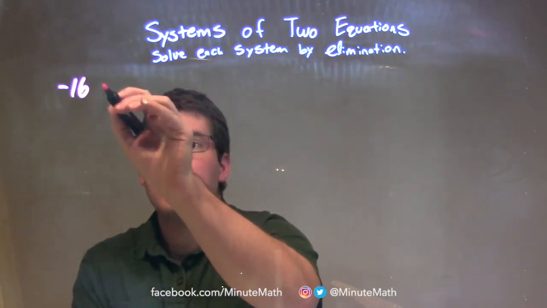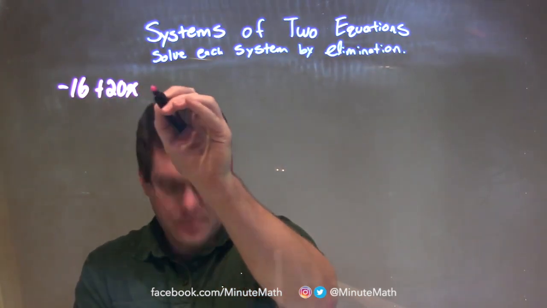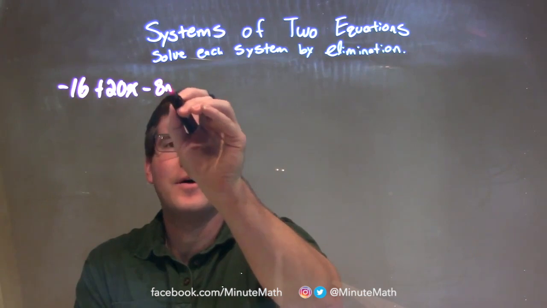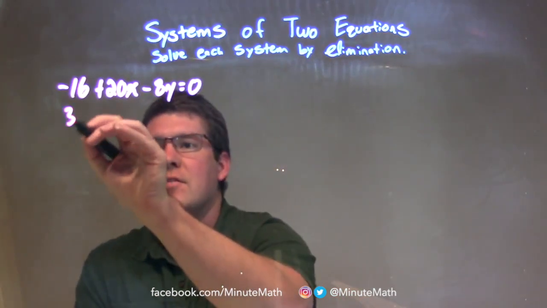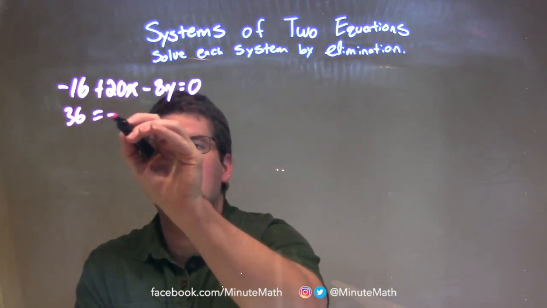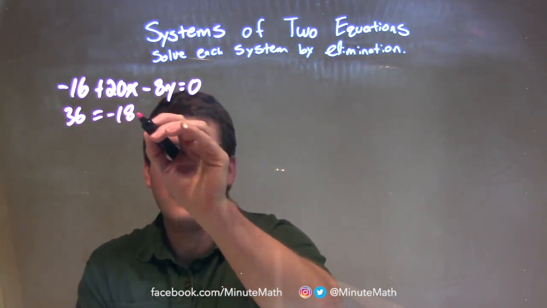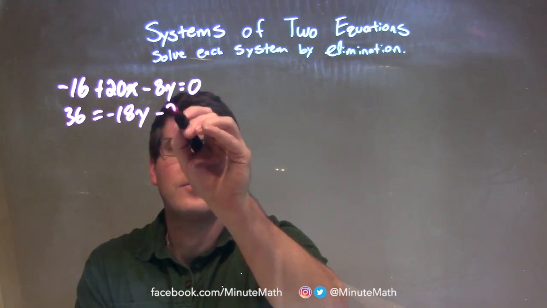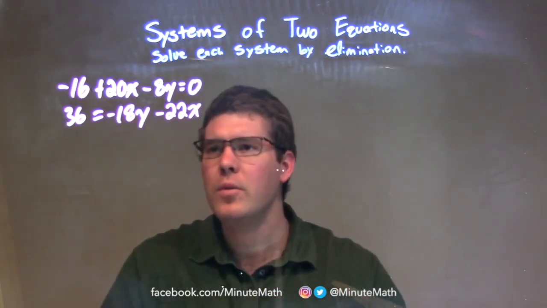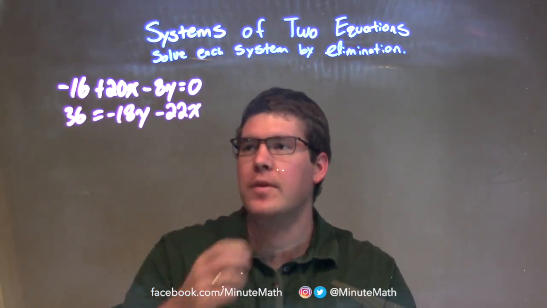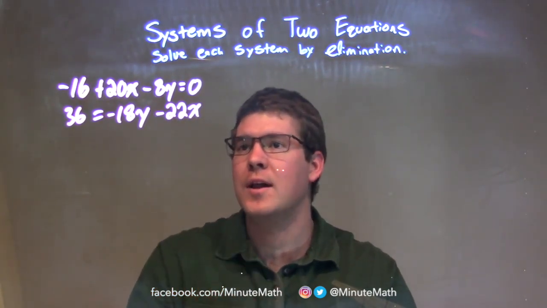-16 plus 20x minus 8y equals 0. And 36 equals -18y minus 22x. Well, what I want to do first is rewrite this so all my variables are on one side and my numbers on the other.